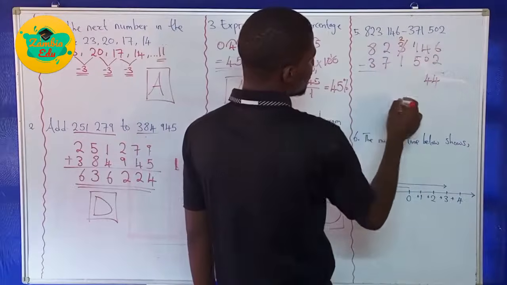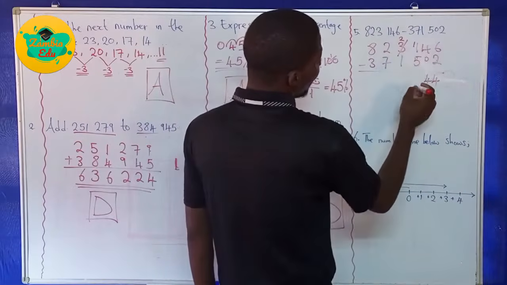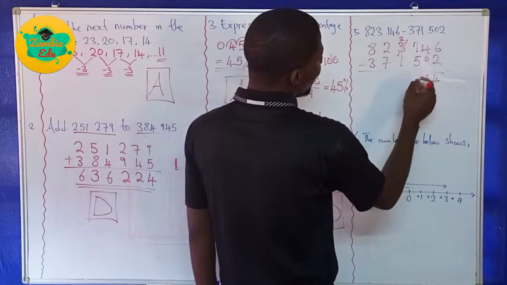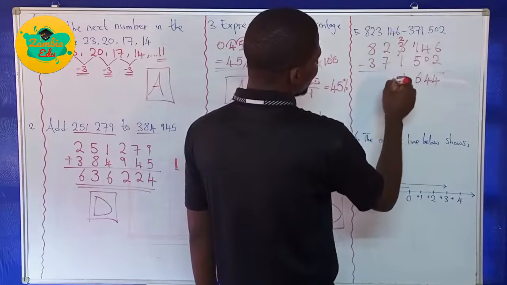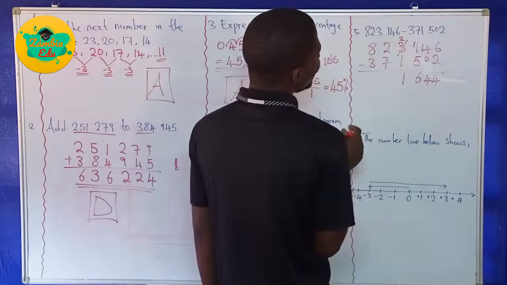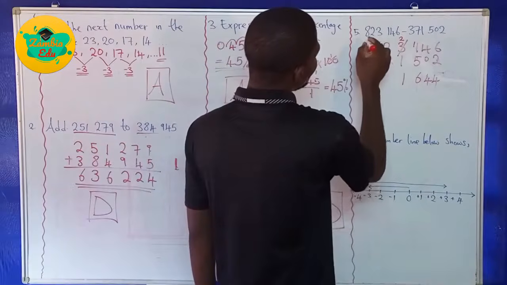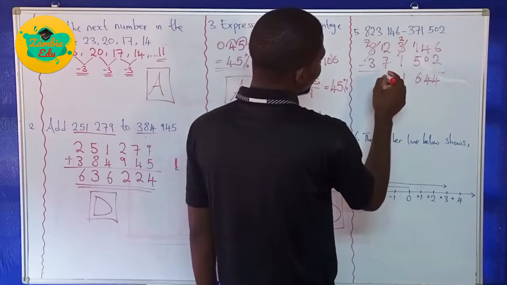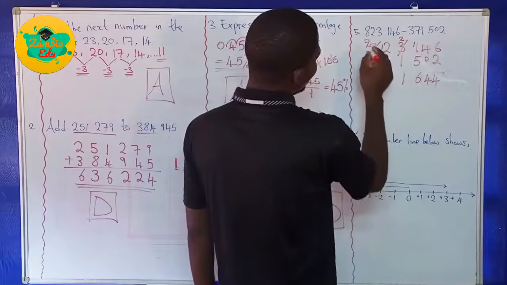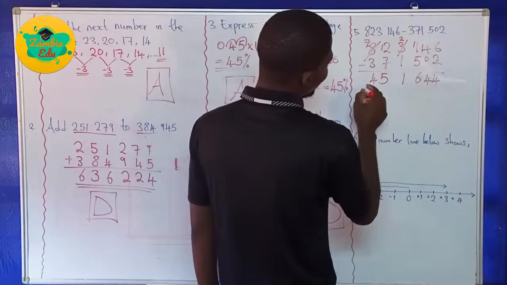That remains as a 2. So 11 take away 5, you have 6. 2 take away 1, you have a 1. 2 take away 7, it can't. Borrow 1 from that, that remains a 5. That becomes a 12. 12 take away 7, you have a 5. 7 take away 3, you have a 4.